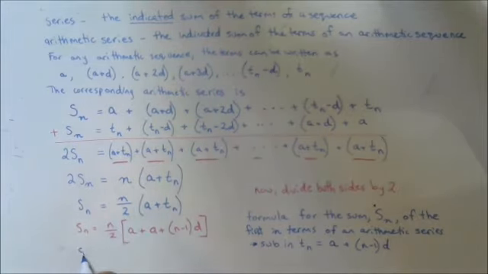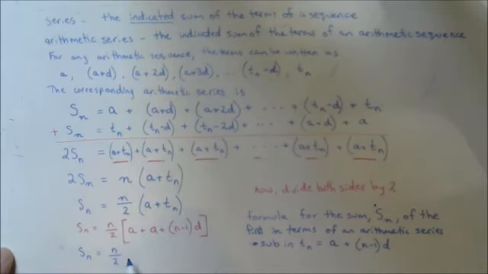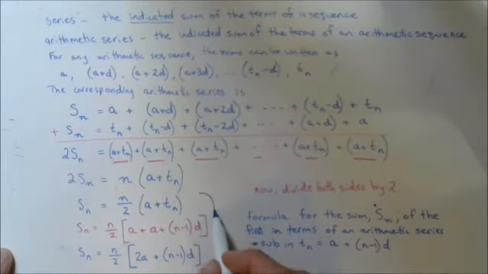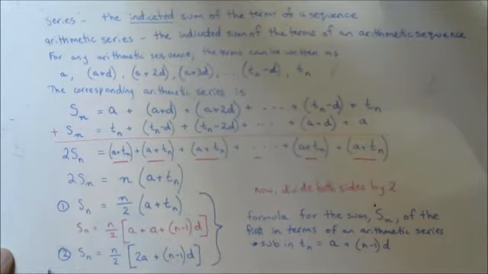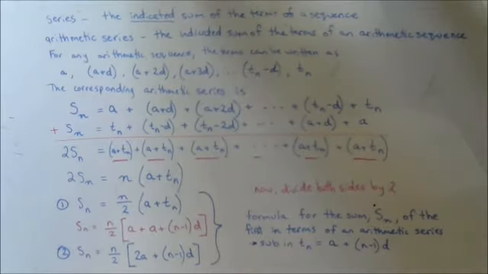So the second formula for determining the sum of the first n terms of an arithmetic series starts the same way with n over 2, but now what we have is the square bracket 2a plus n minus 1 times d. And these are our 2 formulas that will allow us to do what we need to do here in working with arithmetic series.